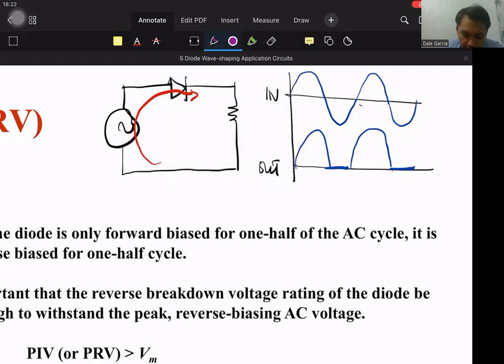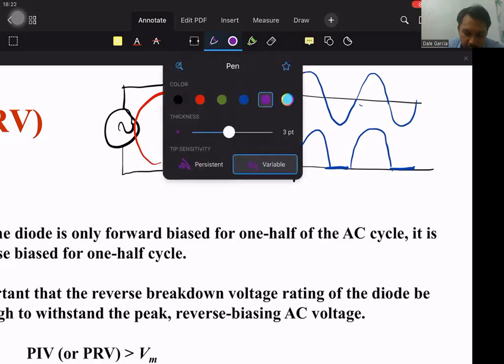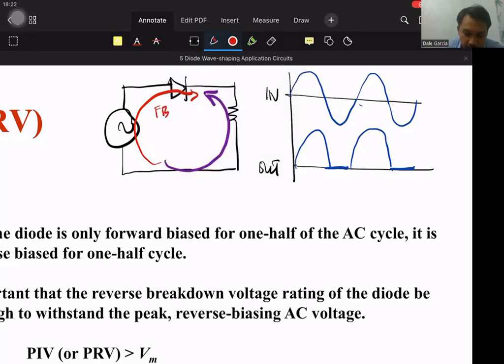But during the conduction of the diode in the reverse direction, the diode is reverse bias. Forward bias here. The diode is reverse bias in the negative half cycle. Reverse bias. Now, the idea here is the diode will block that current as long as it can withstand the value. So what does this mean?